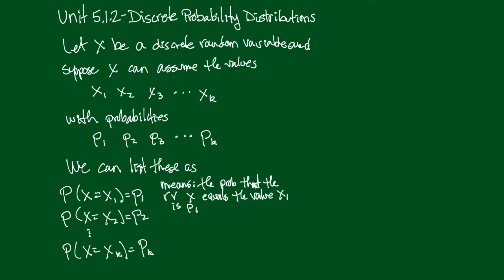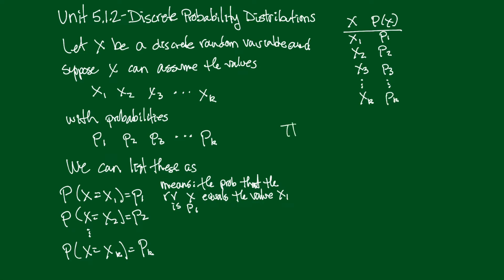But we could also list them in a table. I could write something like this, X and P of X, and this is a little bit more common. Here are the values that X could be: x1, x2, x3, dot, dot, dot, up to x sub k, and the corresponding probabilities P1, P2, P3, dot, dot, dot, P sub k.